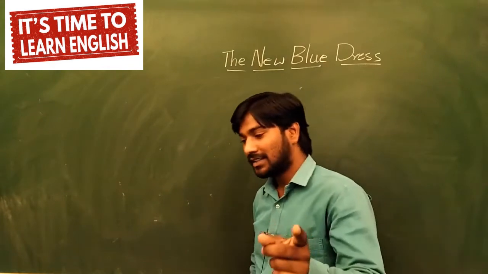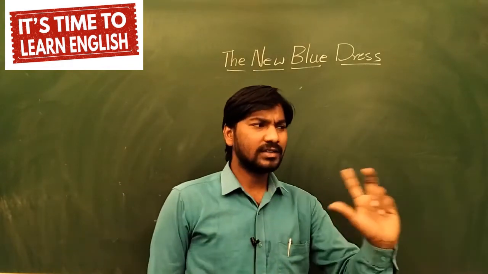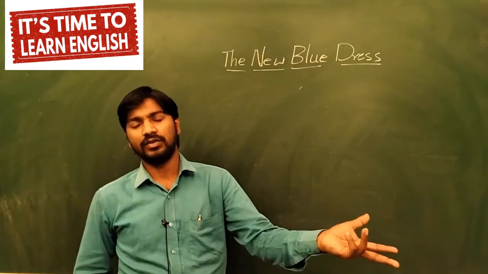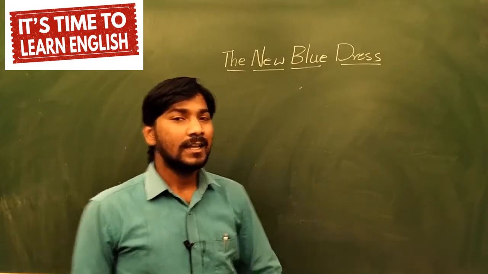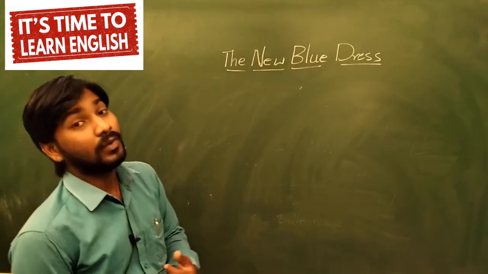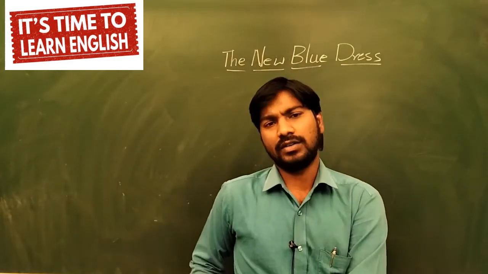At first we discussed town child, country child, town mouse and country mouse. Means when you heard the title, the story runs between a town mouse and a country mouse, a town child and a country child. So now we are going to see the new blue dress. What is the story of the blue dress, or what does this lesson talk about?